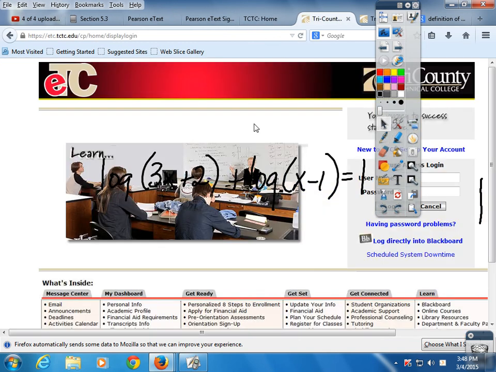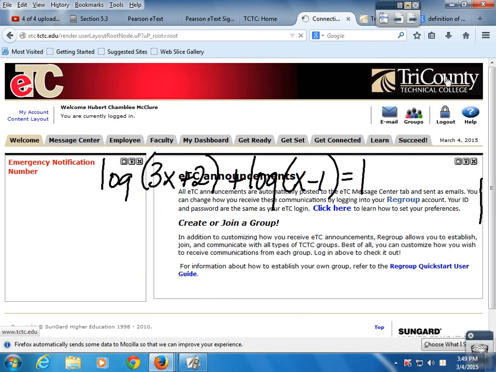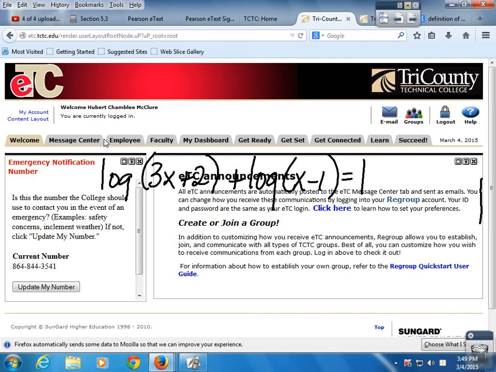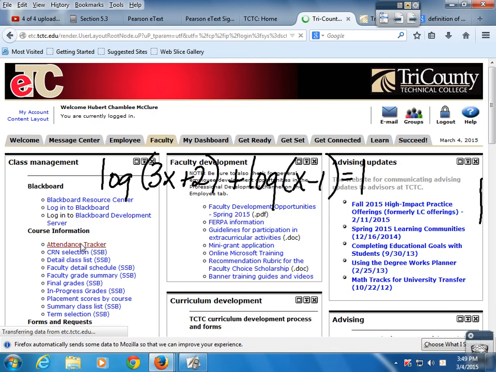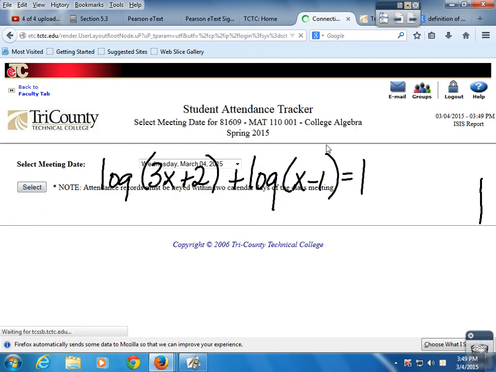What do you call it? Missing in action. Set attendance.